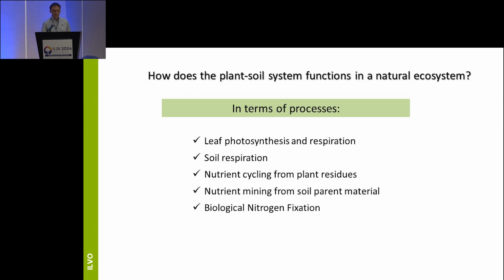In terms of processes, what we have above ground is leaf photosynthesis and respiration. Below ground we have soil respiration from the root system, but also from the biota in the soil. By the activity of the detritivorous organisms, we have also nutrient cycling from plant residues.